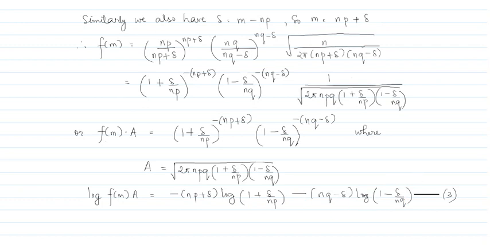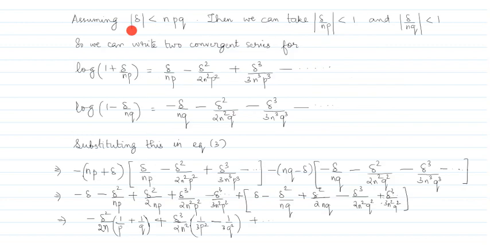Now, just consider that the magnitude of deviation is much less than npq. That's because n, p, q, everything is extremely large. So the magnitude of delta is small compared to these values. So delta by np is also much less than 1, and delta by nq is also much less than 1.